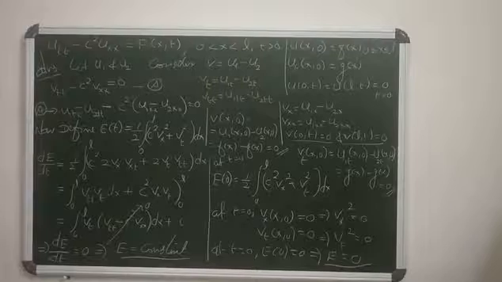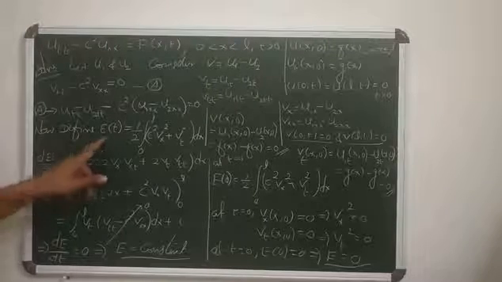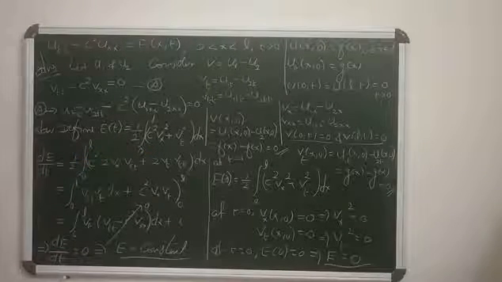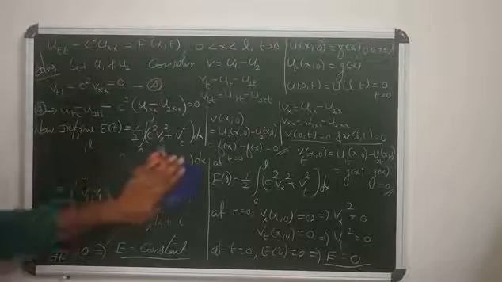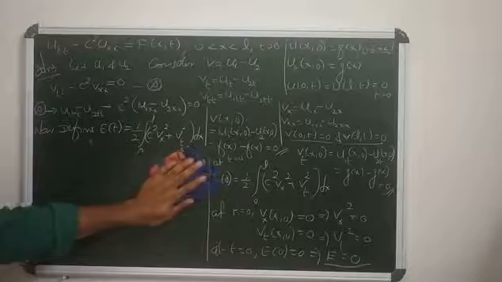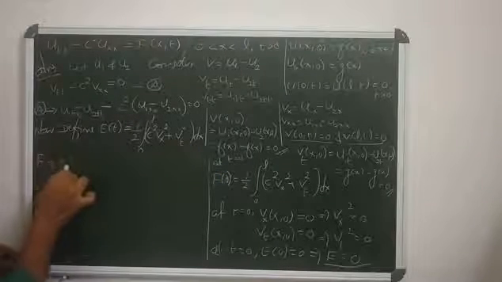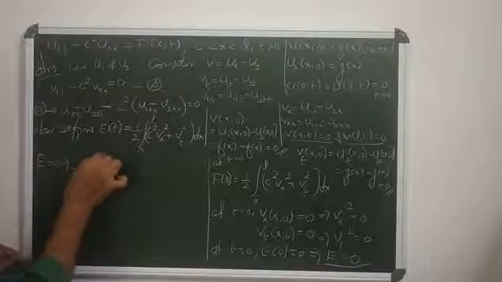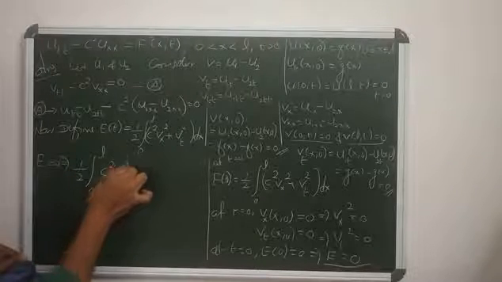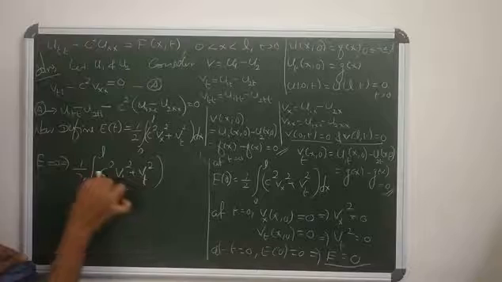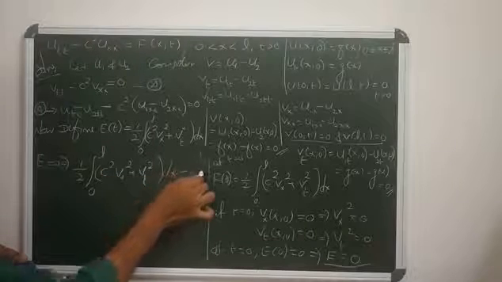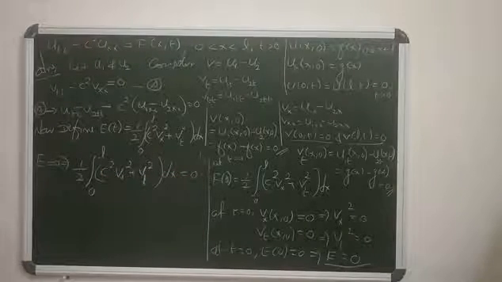Okay, so E equals 0 means half into integral of c square vx square plus vt square dx equals 0. Agreed. Since E equals 0, this implies half of integral 0 to L c square vx square plus vt square dx equals 0. Agree.